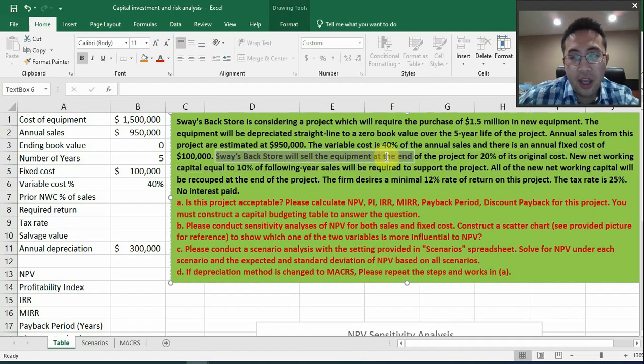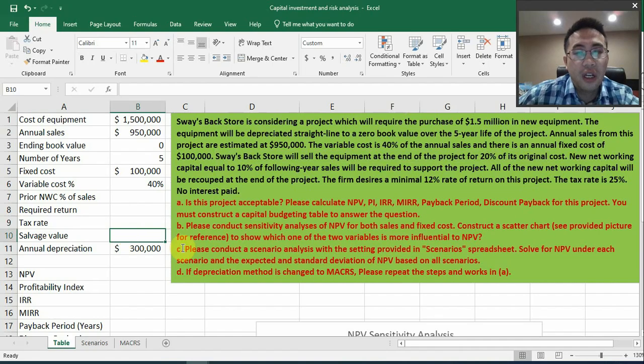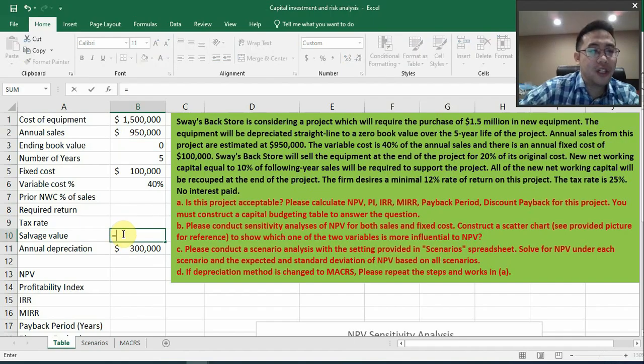At the end of the project, which means 5 years later, the company is going to sell the equipment for 20% of its original value. So that is a market price for the machine. On the book, the company recorded 0, but actually the company is going to sell at a higher price, which is 20% of the cost of equipment.